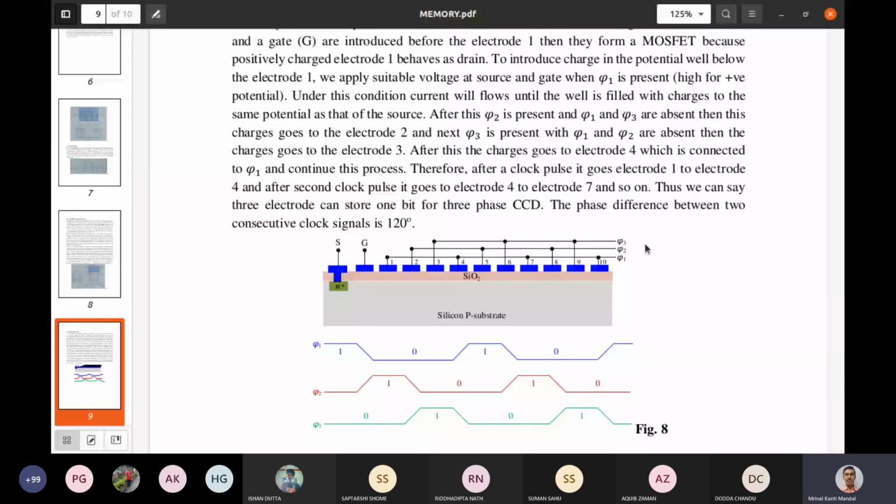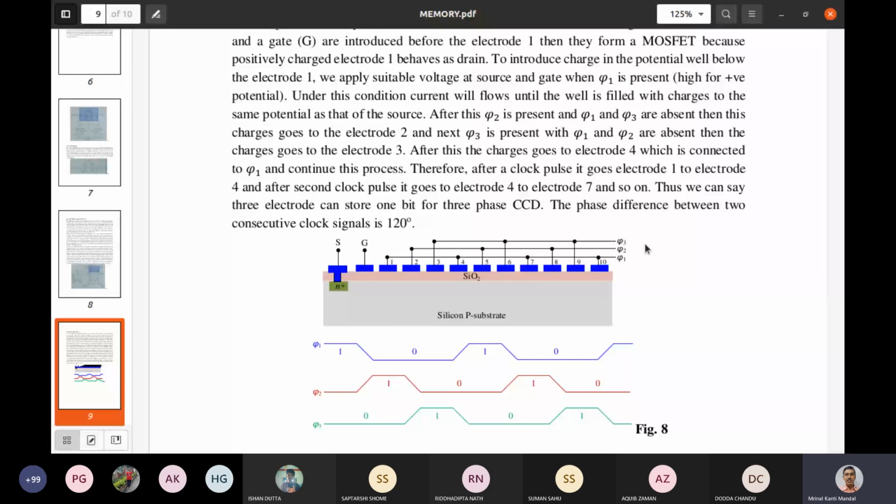That means when one clock is present, the other should be off. If one is in on state, then the other will be in off state. That indicates the non-overlapping clock signal.